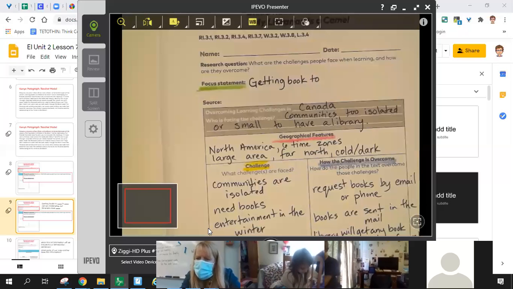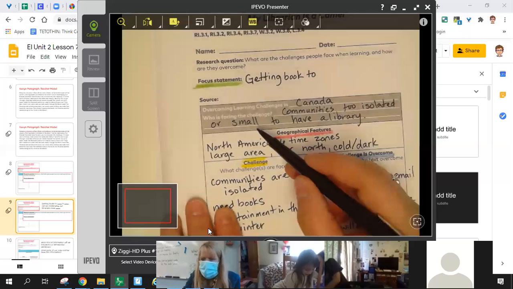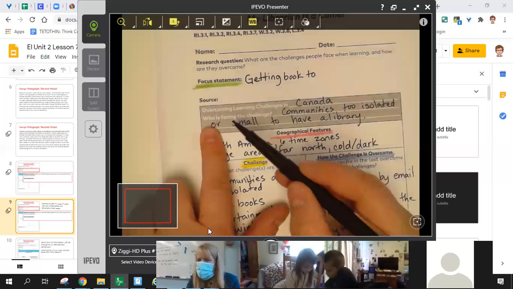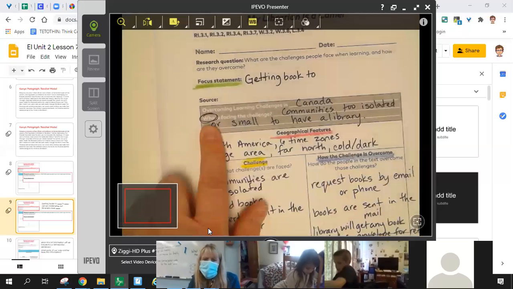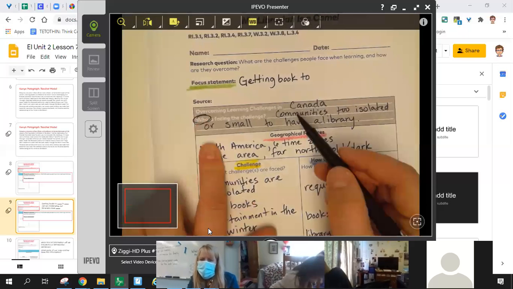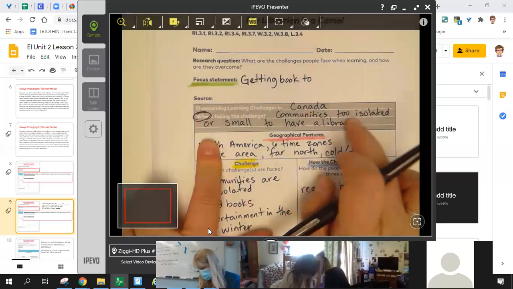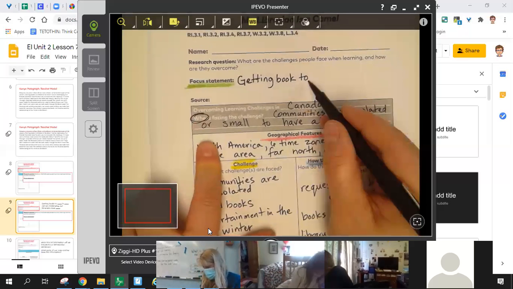In mine it says communities too isolated. So everybody should be looking at the who on their paper. Who is getting the books? Getting books to, and then this is your who. Whatever you wrote in this section, right, Madison, is probably going to be part of your answer here.